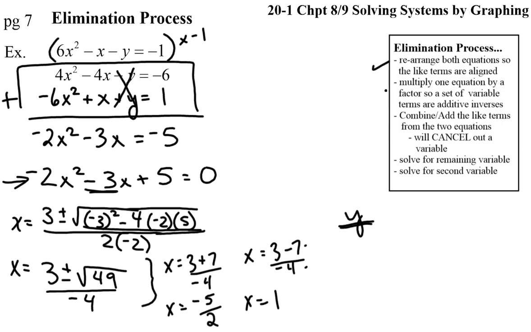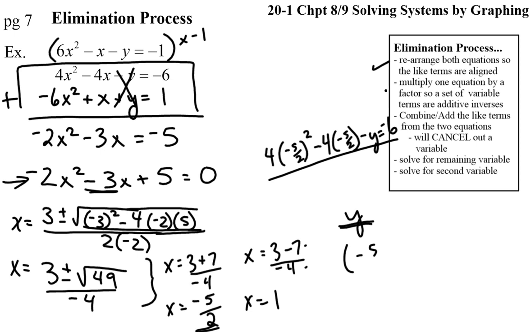Substitute those x's into one of the equations. 4 times negative 5 halves squared minus 4 times negative 5 halves minus y equals negative 6, because I plugged the negative 5 halves in. I'll let you solve for y's for simplicity's sake, to save time, but either way, we get the same answers we did last time. Negative 5 halves, 41 is an answer, and (1, 6) is a second answer.